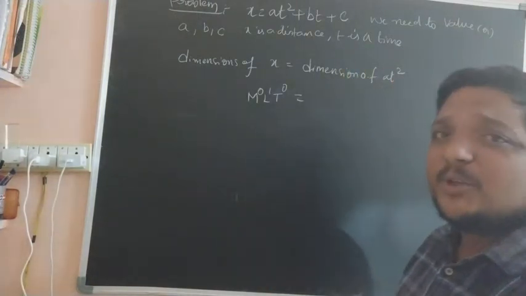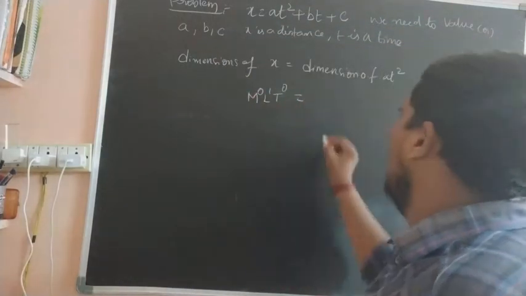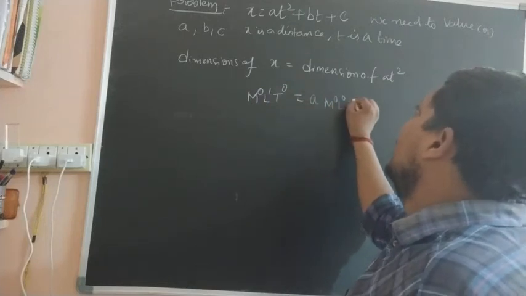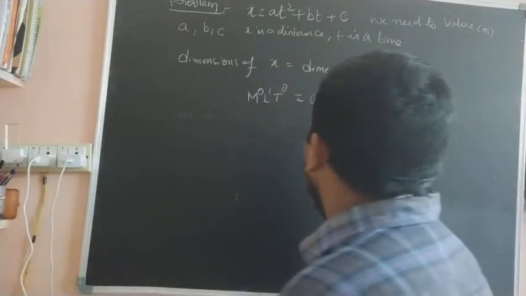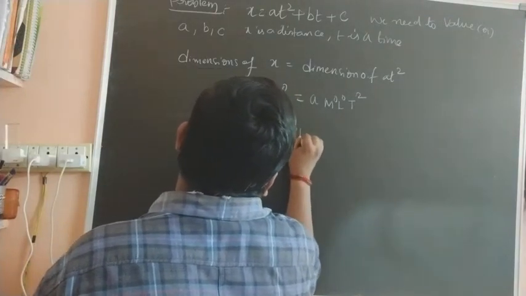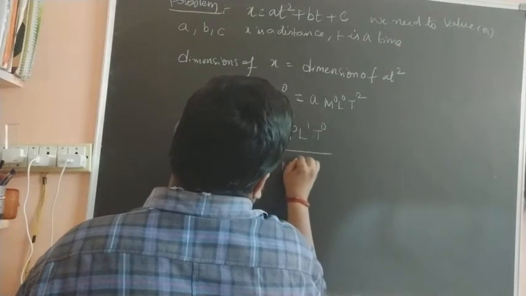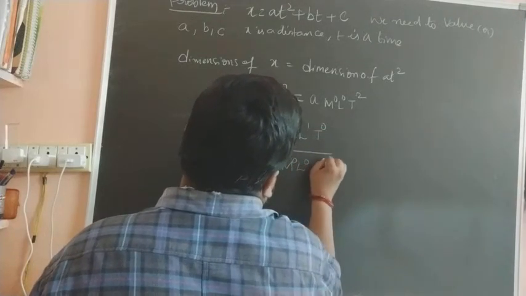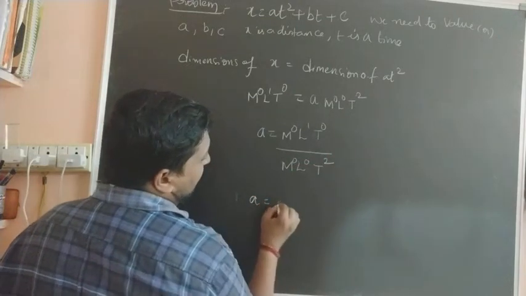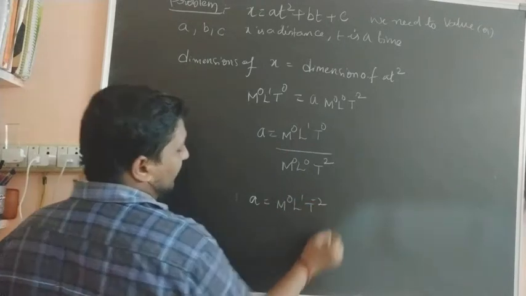We don't know the dimensions of A, but we know the dimensions of t square. So A is equal to m power 0, l power 1, t power 0 divided by m power 0, l power 0, t power 2. Therefore, the dimensions of A is m0, l1, t to the power of -2.